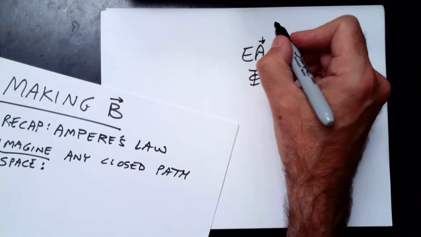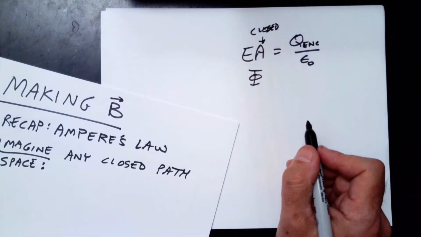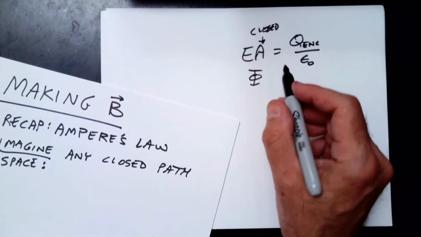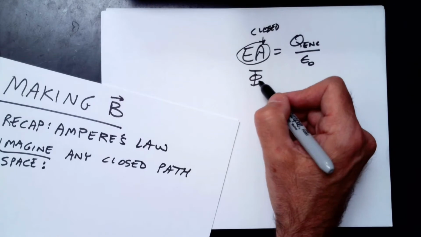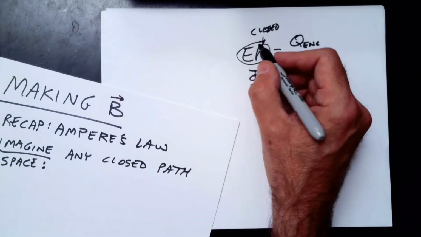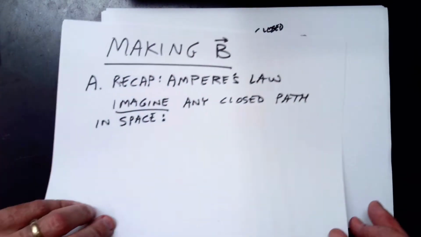And this area was a closed area, like a balloon or a closed cubic box, that kind of closed area. And this concept of electric field times area was flux, and this said the flux through a closed area equaled the charge inside with a constant to make the units turn out.